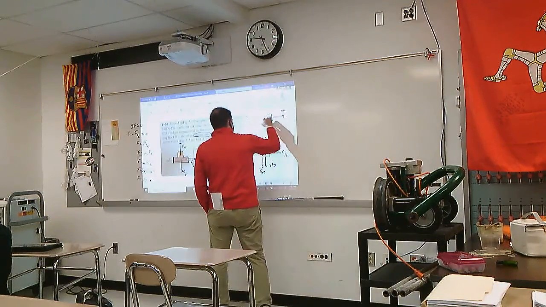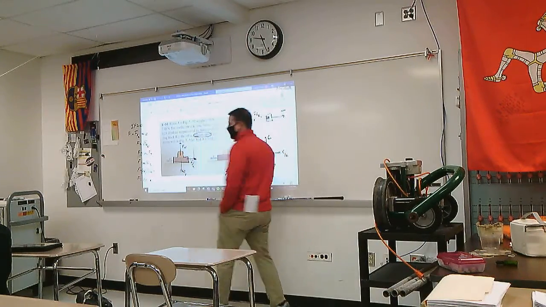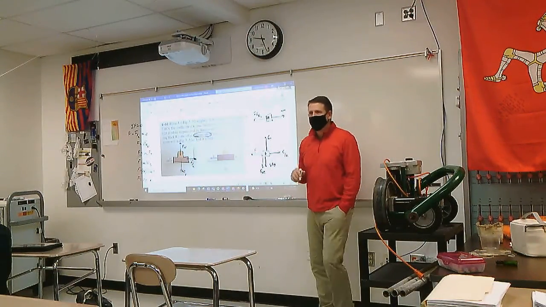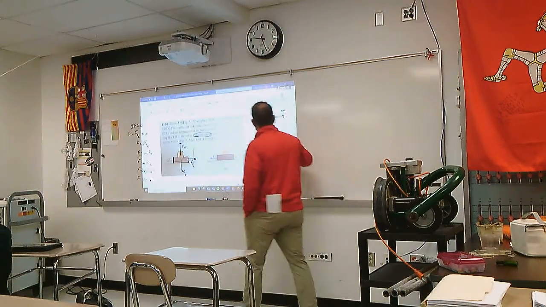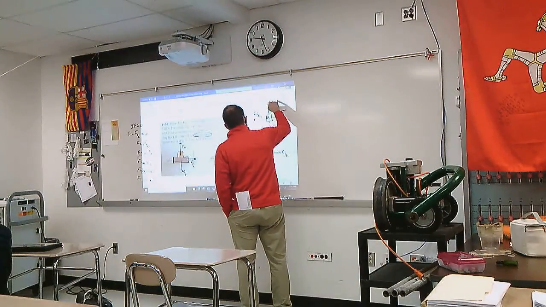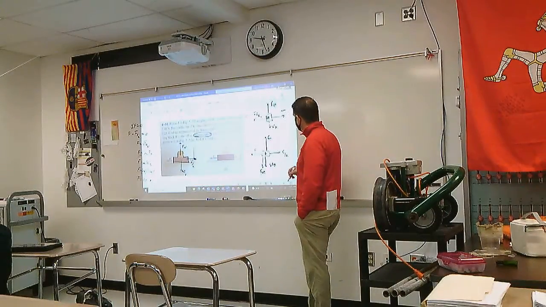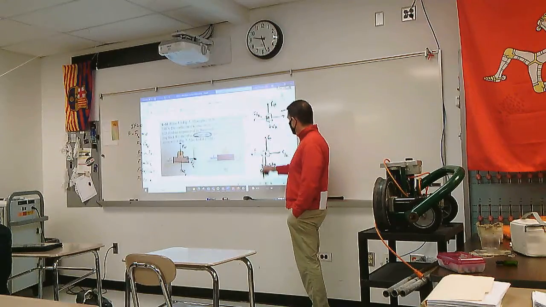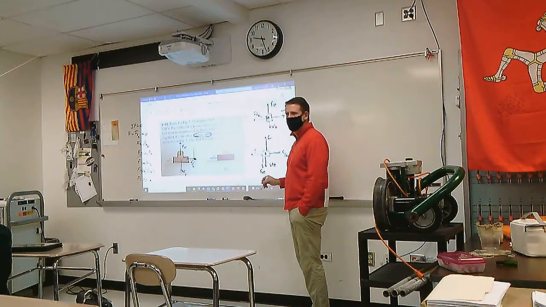No. So I'm going to label this as FFK2. Oh, wow. Because it's different than this. Block B is pushing up on A, just like block A was pushing down on B.